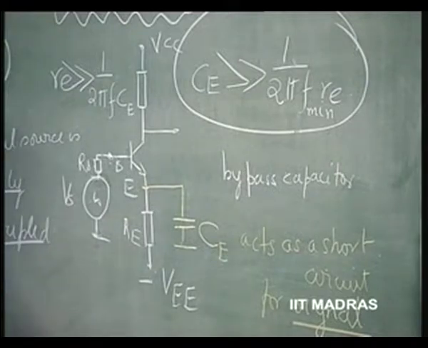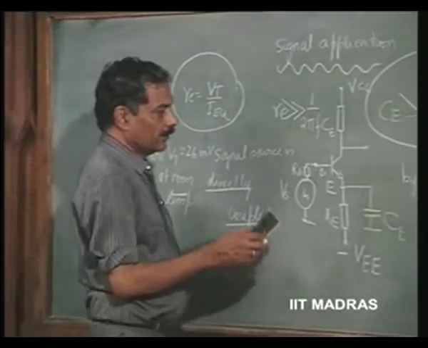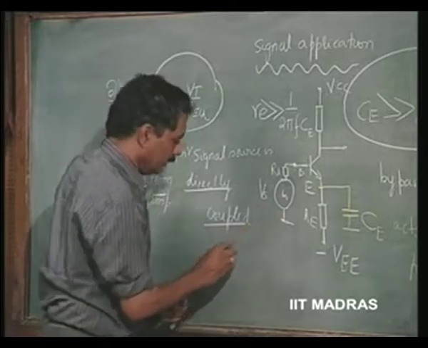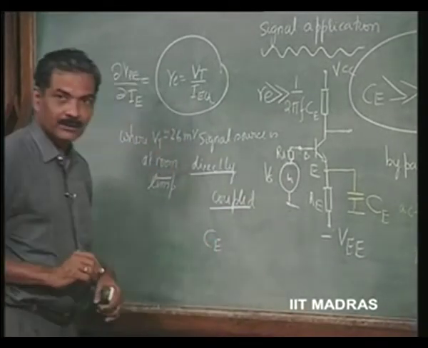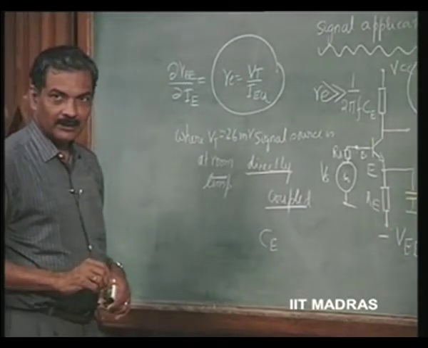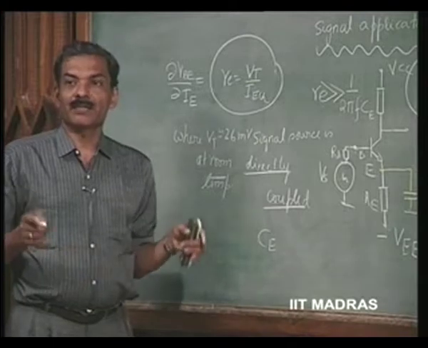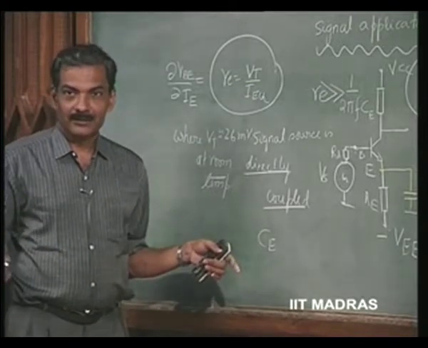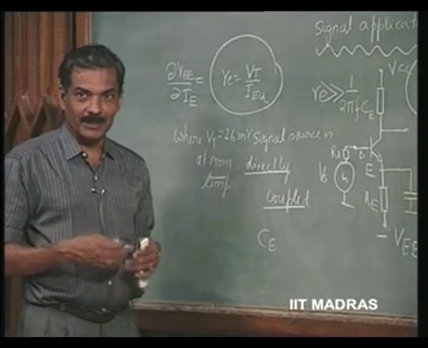Now, the actual equation requires that Ce is so chosen that the reactance of Ce is small compared to the impedance across it. This is like any other design that we had discussed earlier, the coupling capacitor also.